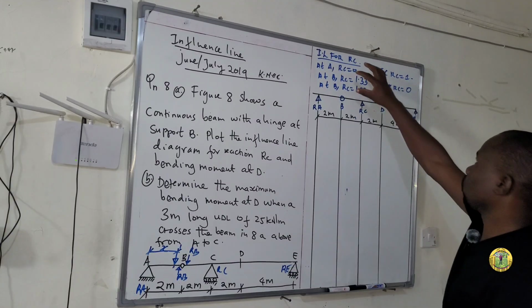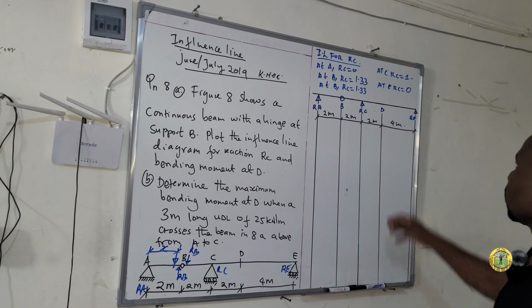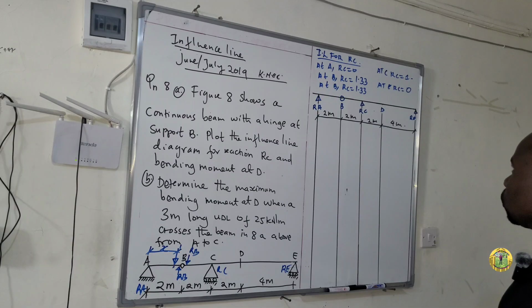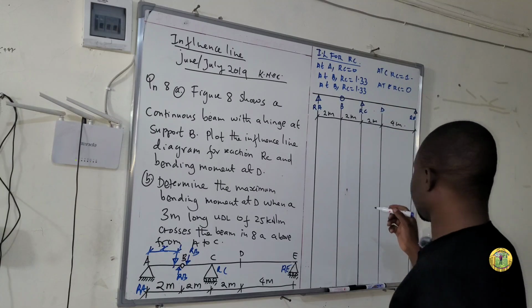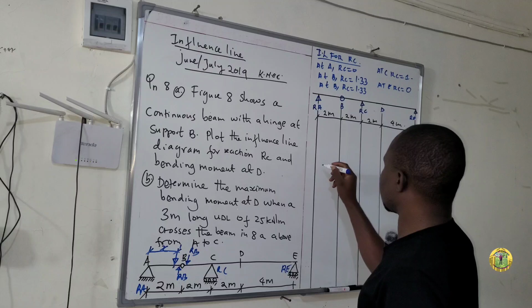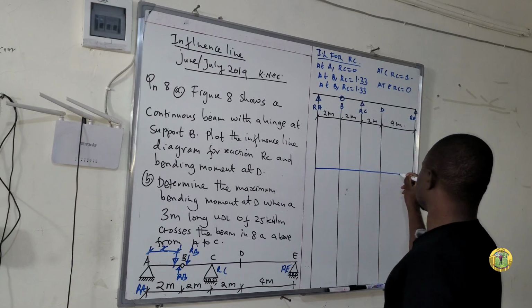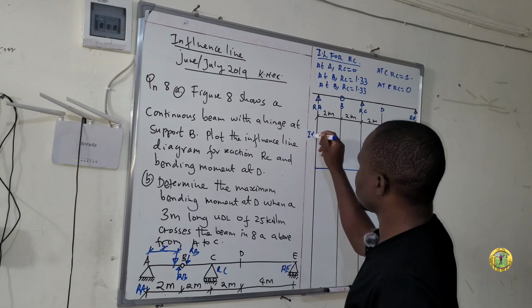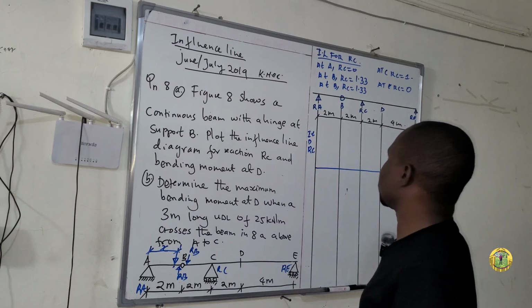Now these are all the ordinates for influence line for RC. We have already calculated this. So what you are now supposed to do is to draw the influence line diagram for RC. So we'll now draw the baseline. So this will be the baseline. And this is the influence line diagram for RC.